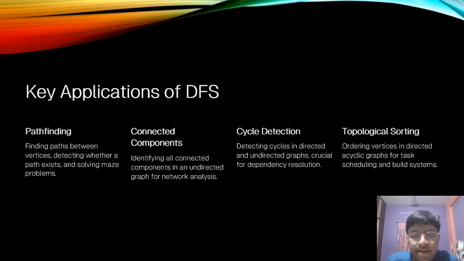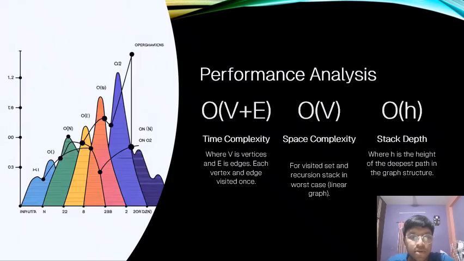Cycle detection means detecting cycles in directed or undirected graphs, crucial for dependency resolution. And the last one, topological sorting, orders vertices in an acyclic graph for task scheduling and build systems. So these are the applications of DFS, where we use it. Let's go to the next slide.